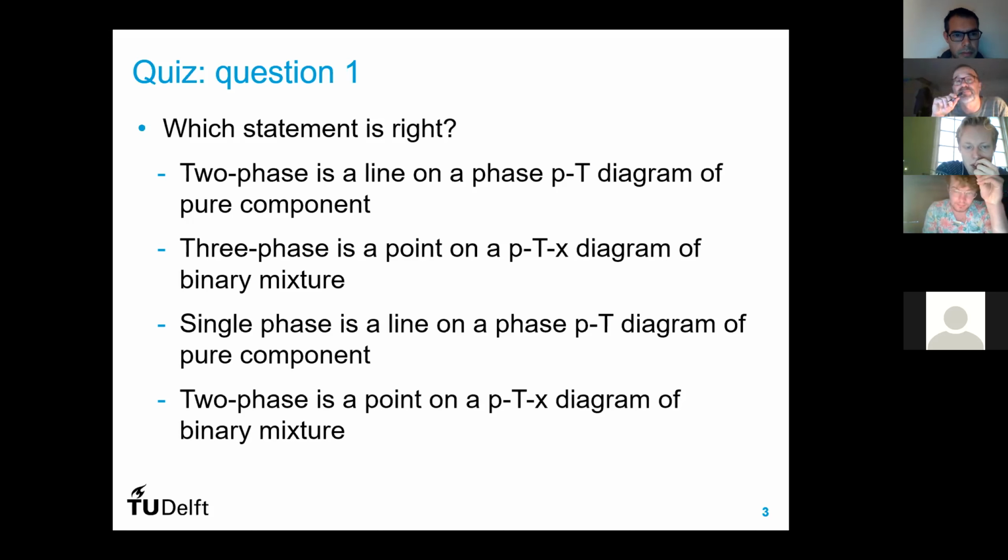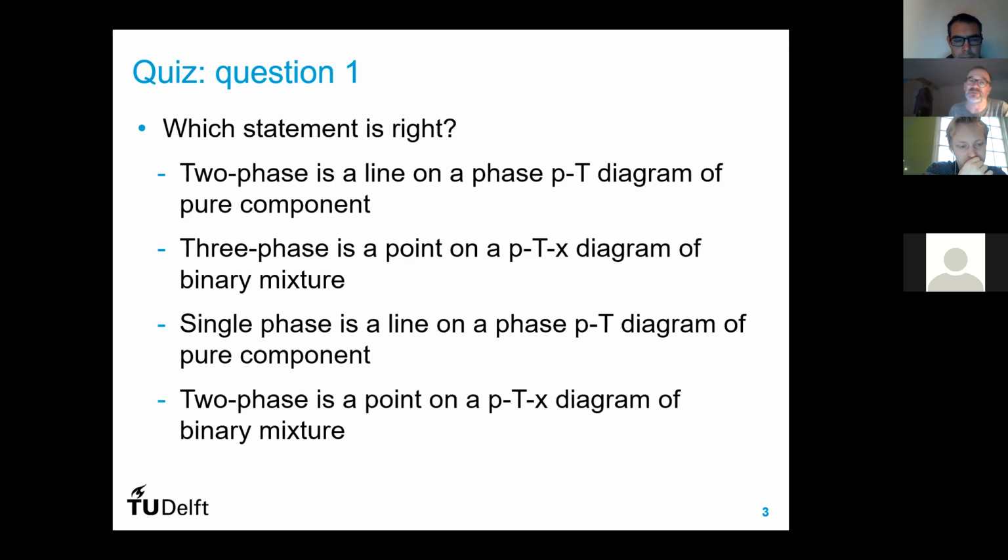The first one, I think. Why? Well, the second one is not correct. Okay, I agree, but the other one, I think, also. Let's try to count how many degrees of freedom there are. We're talking about a PT diagram, and it's a pure component. So F is equal to C minus phases plus 2.